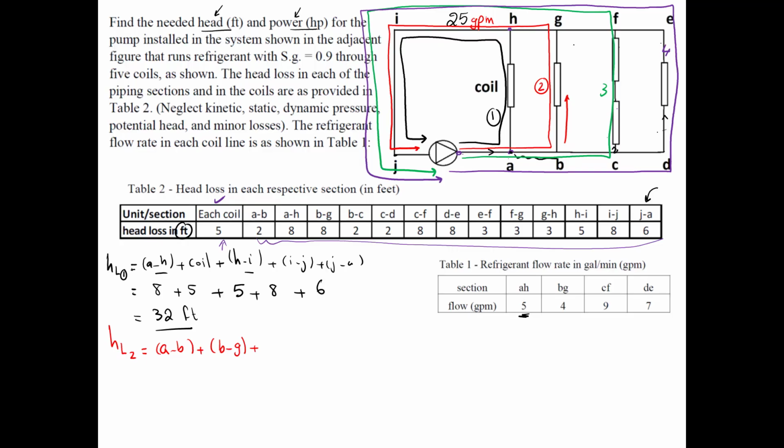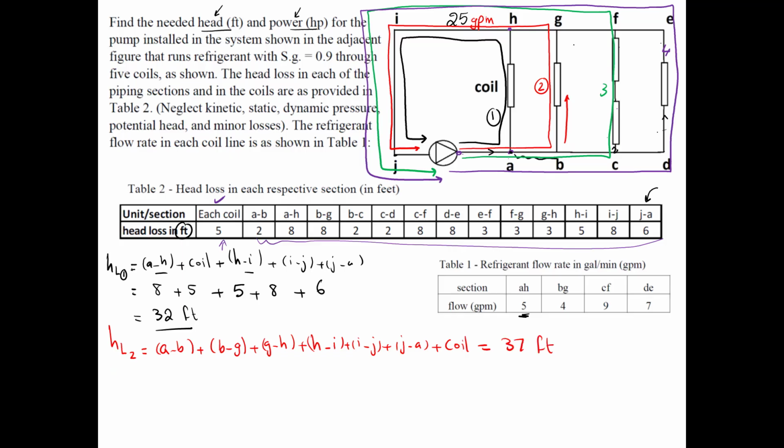And then GH plus HIJA. Of course, don't forget the coil, we have one coil, and that would be 37 feet.